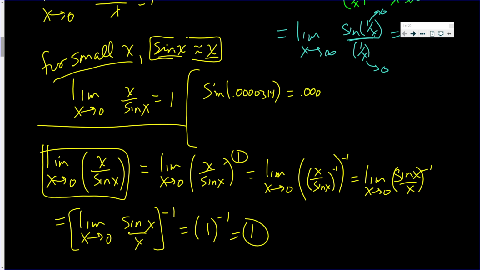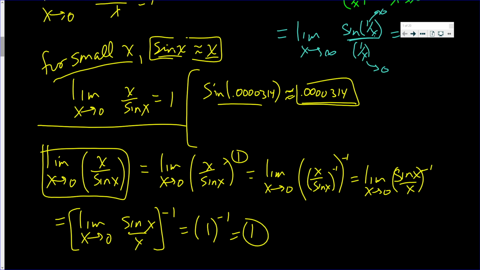Well, you should respond back with, it's approximately that. Okay, why else would this over that, notice it's near 0, why would the division of those two be near 1 if they weren't about equal? Okay.